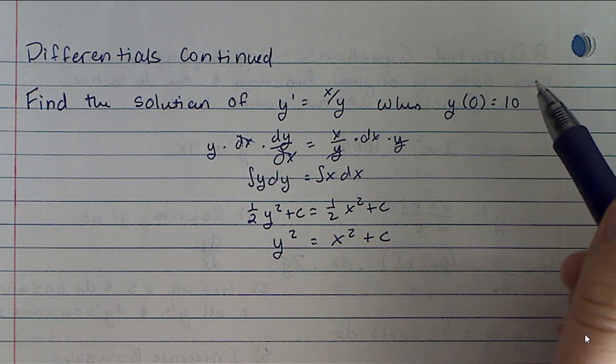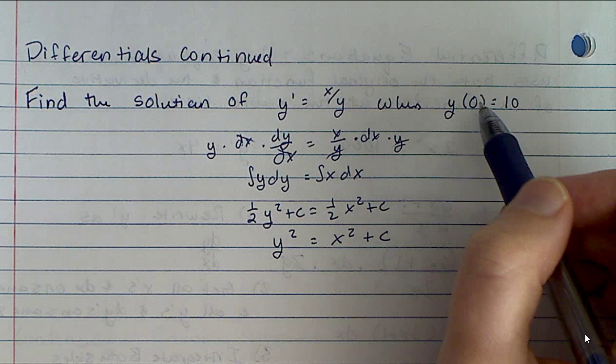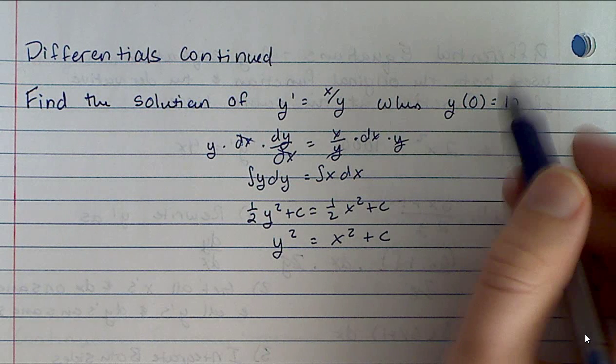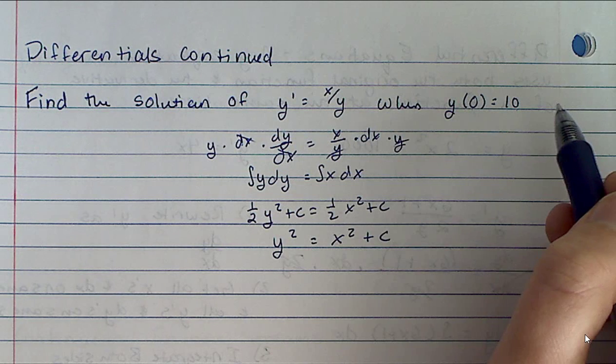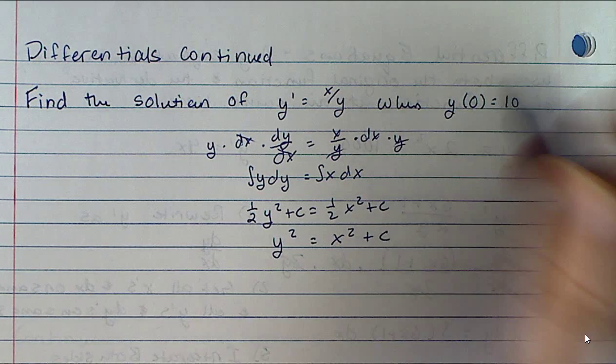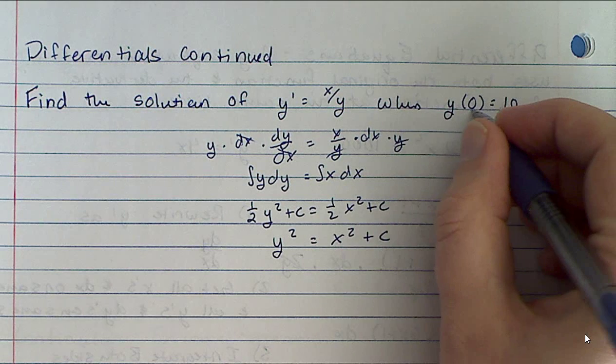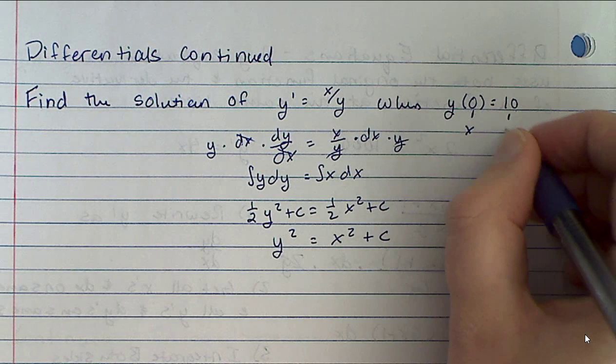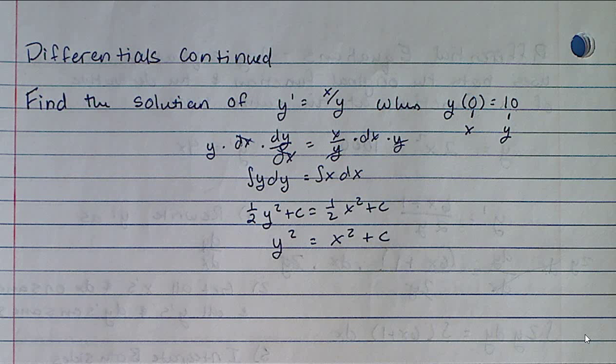So I know that y of 0 is equal to 10. If I substitute 0 in for x and 10 in for y into this equation, I can use that to find out what c would have to be.